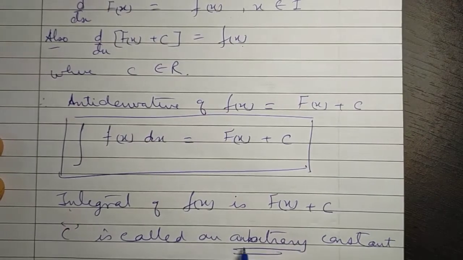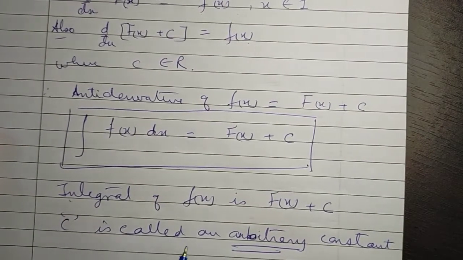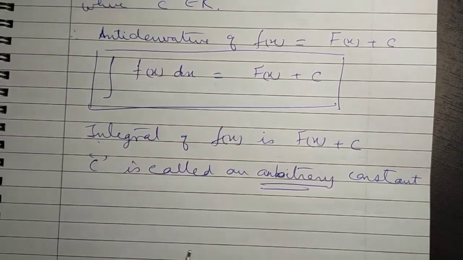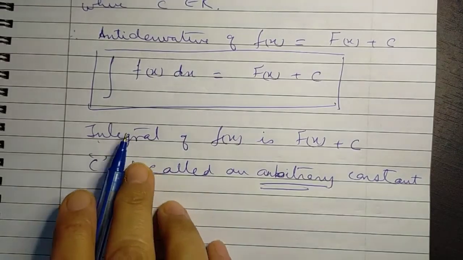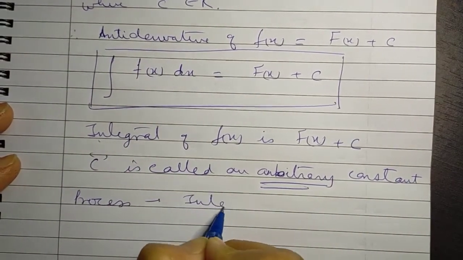And why is it called an arbitrary constant? Because it can take any value, any real value, positive, negative or 0. Now the process is called integration.